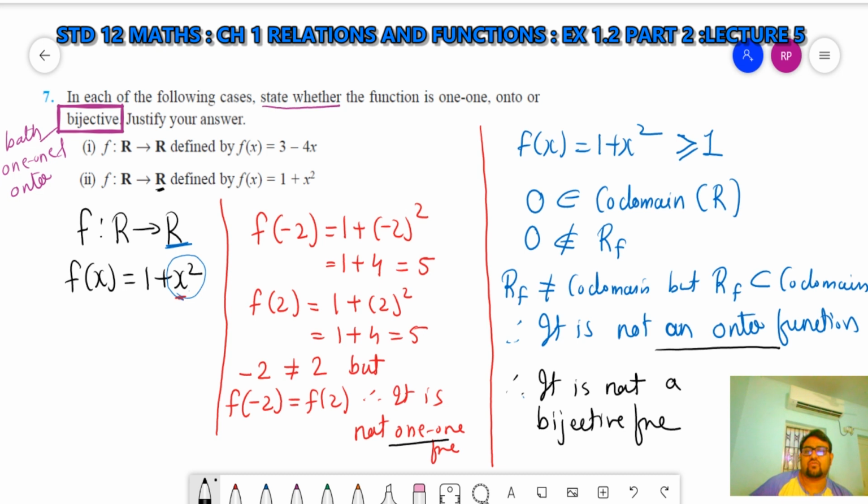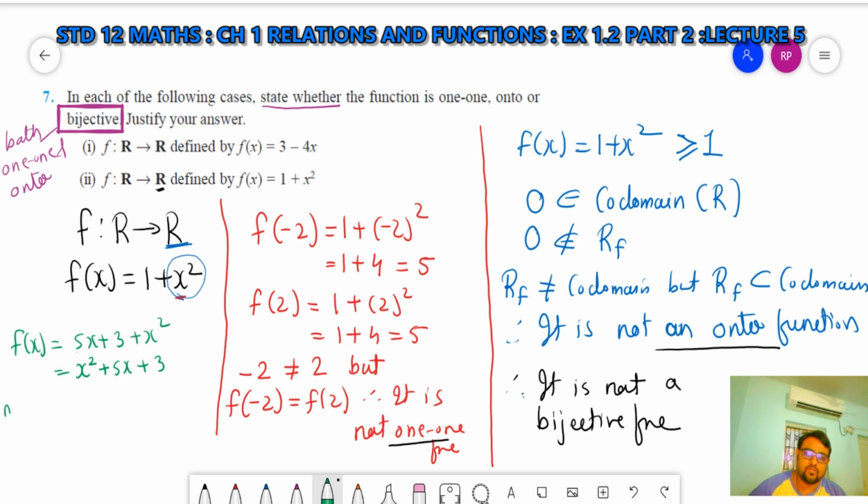If you are still not able to convert into a perfect square, let me give you one example. If the function f(x) is like this, 5x plus 3 plus x square, what you can do is find out the last term. You can arrange it this way: x square plus 5x plus 3.